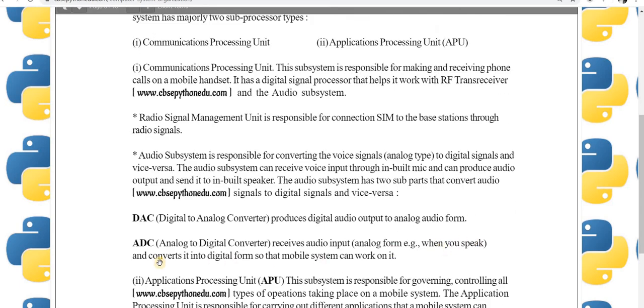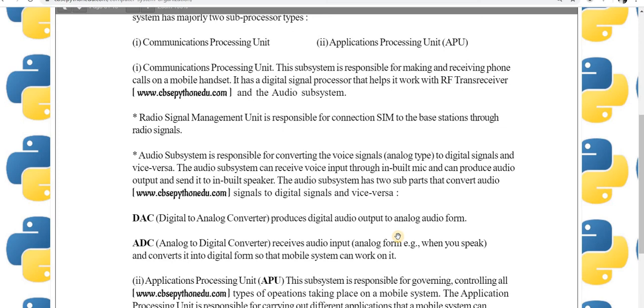Okay, next one is DAC, digital to analog converter, which converts digital audio output to analog audio form. As we know, the communication channels, those wires, carry only 0 and 1 bits. That is the binary form of everything we do in our computer or mobile phone, but it needs to be converted. We need to convert binary to analog form or analog to digital.